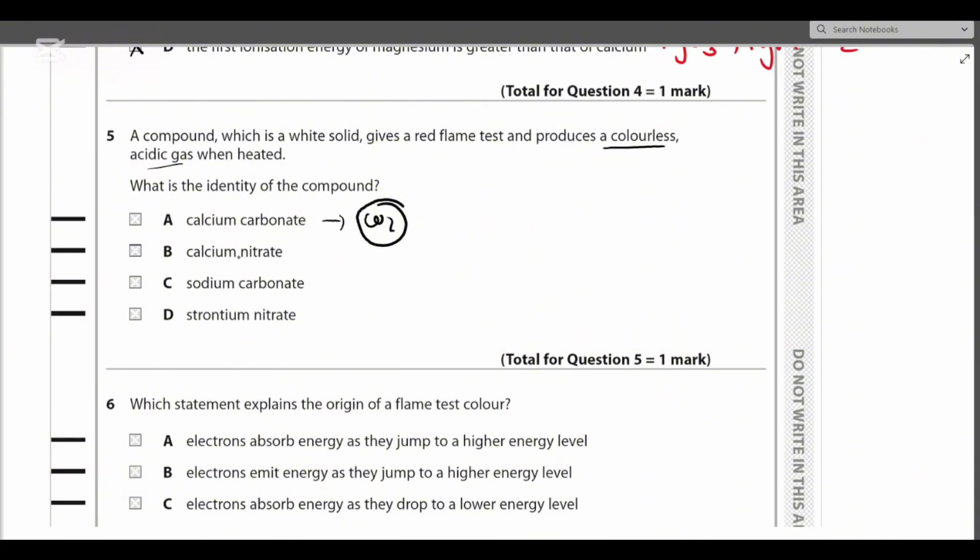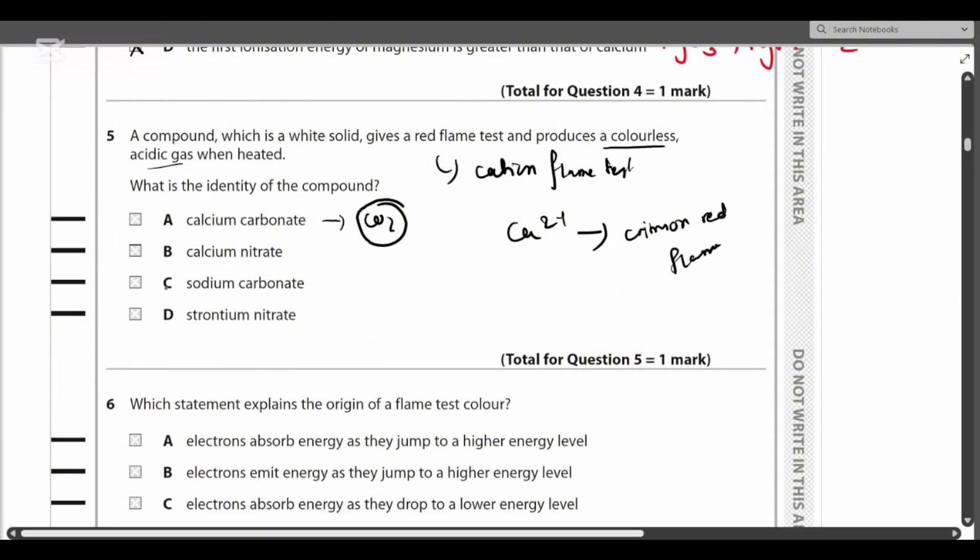If I talk about the flame test, in other words the cation flame test, here the cation is calcium, Ca2+, which provides a crimson red flame. So we can say that A and B are in our list.